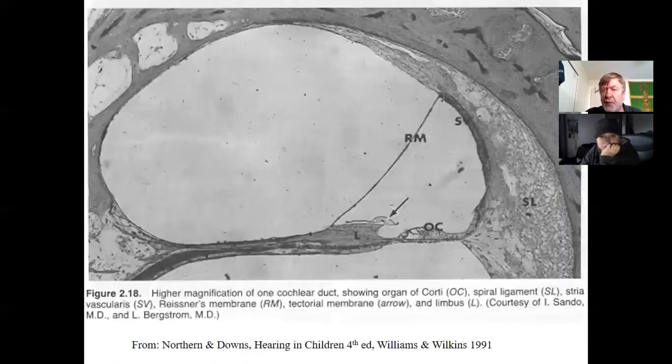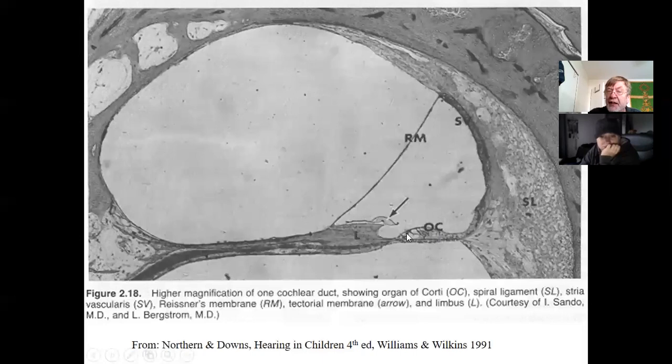Now here's a picture of an actual human cochlea from someone who has died, okay, and you can see the bony labyrinth, perilymph, Reissner's membrane, stria vascularis, the blood supply, spiral ligament, SL, outer hair cells.